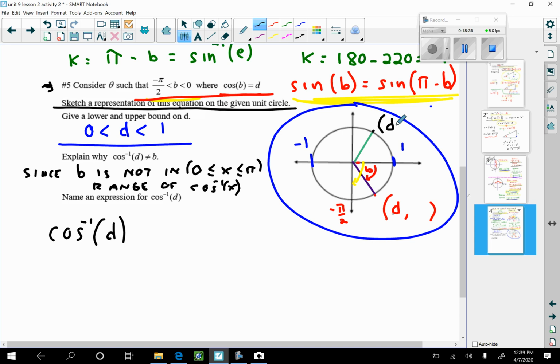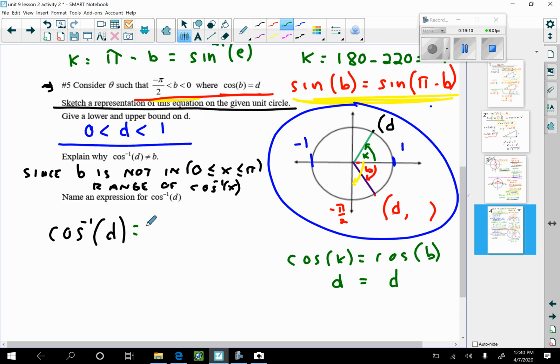Because now I know, in like manner, this terminal point is d. Let's call this angle right here, let's put this one in green, let's call this k. And I do know this, that the cosine of k is equal to the cosine of b, which they both are equal to d. But what is this expression then in terms of d?